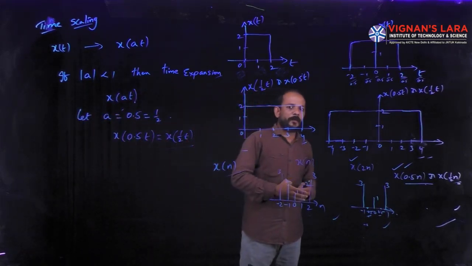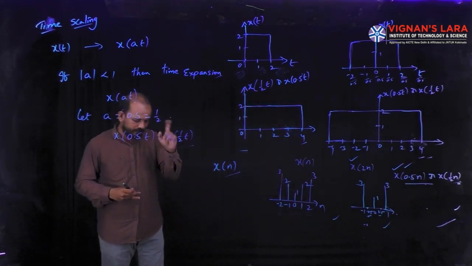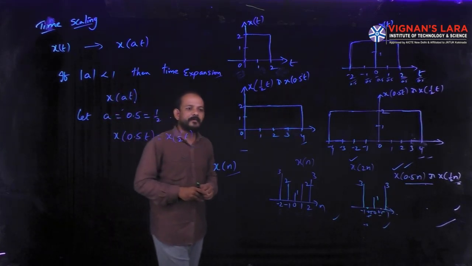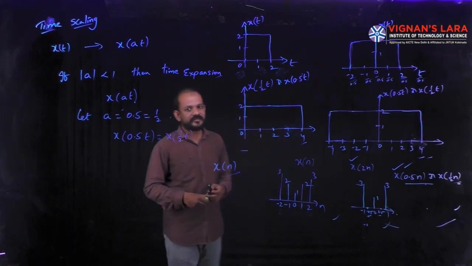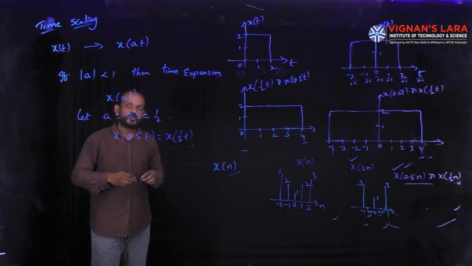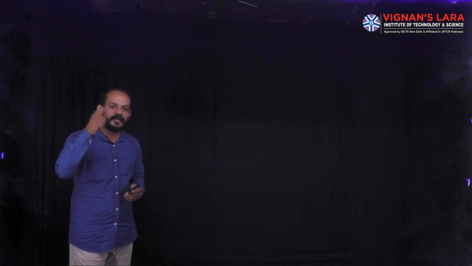So in these operations on signals we are left with only two things, that is amplitude scaling and time reversal. Next I will go for amplitude scaling. Now we will see the amplitude scaling operation.